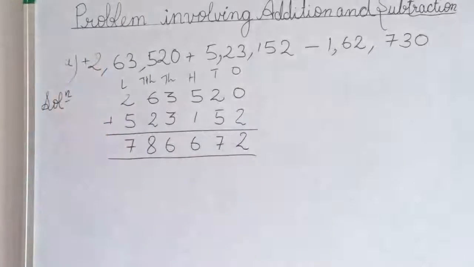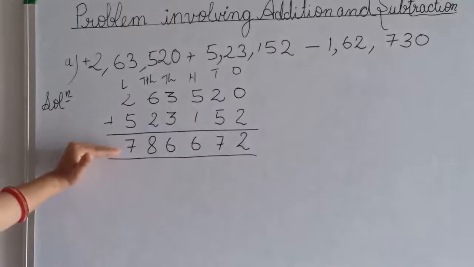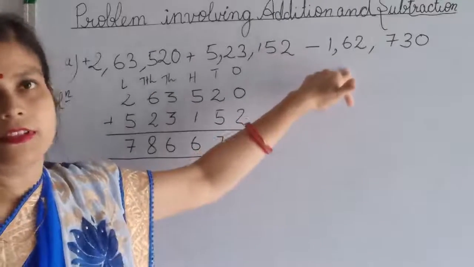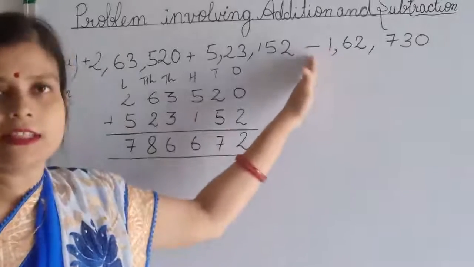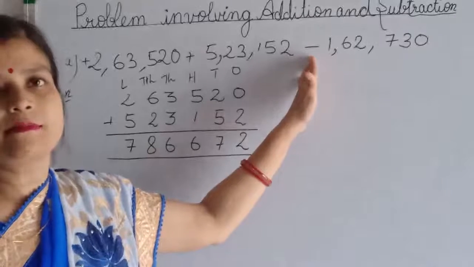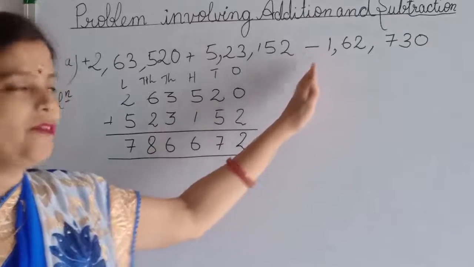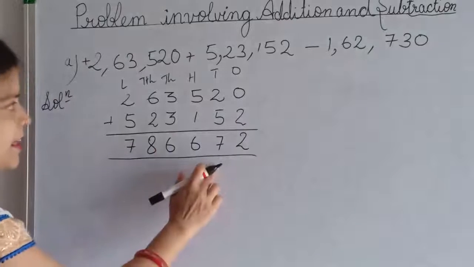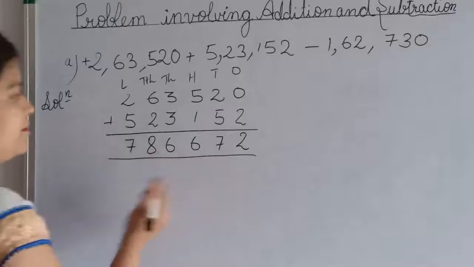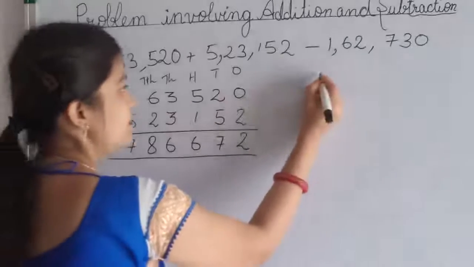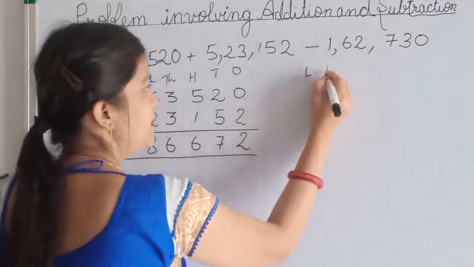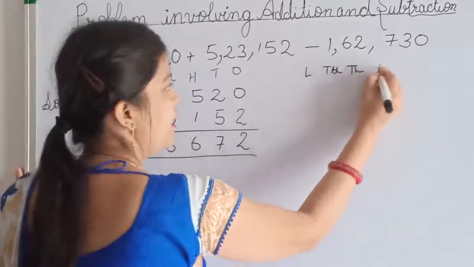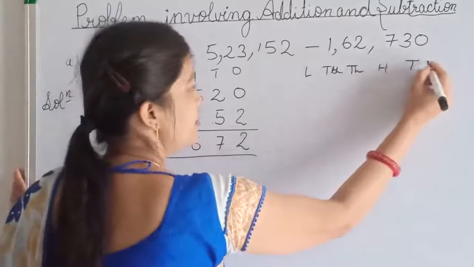Okay. Now from the sum I get here, I will subtract this third one, because before this number there is a subtraction sign, a minus sign. So we will subtract. You can continue here only by subtracting, otherwise you write again: lakh, 10,000, 1,000, 100, tens, ones.